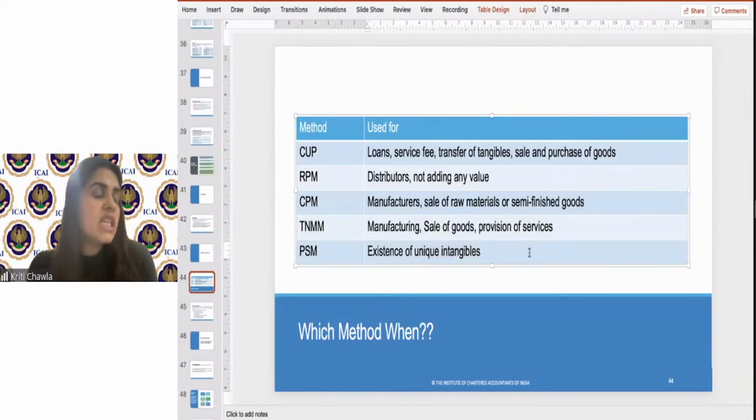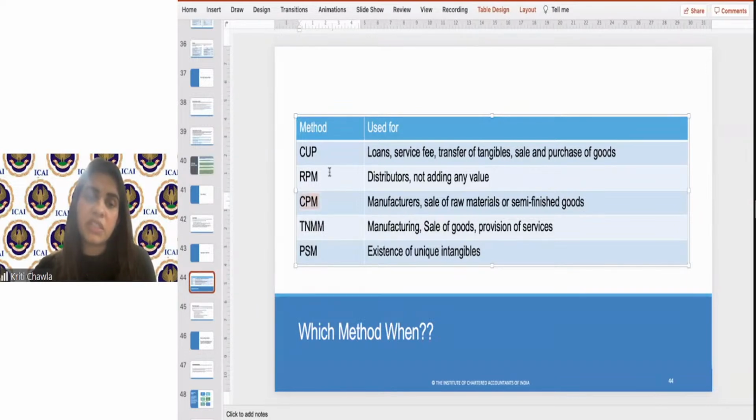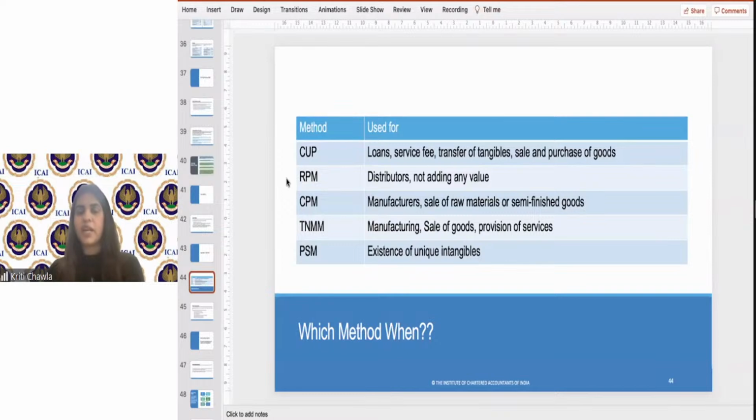So whenever you're given a case study, sometimes the question will talk about which method to use, but if the question does not talk about the method, then you will have to see the information which is given in the question and then make a decision. If the question squarely talks about manufacturers, then you know that you need to use cost plus method. If it says distributors, then you need to introduce resale price method.